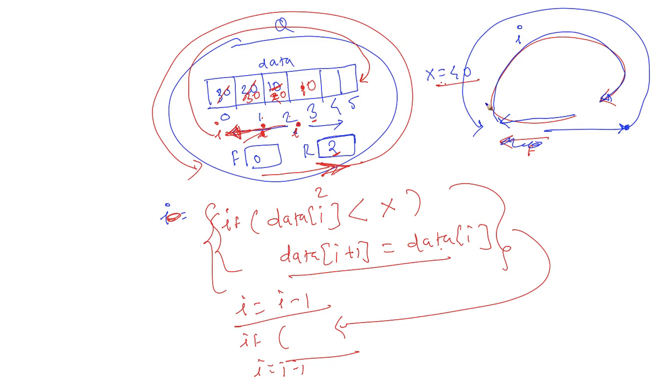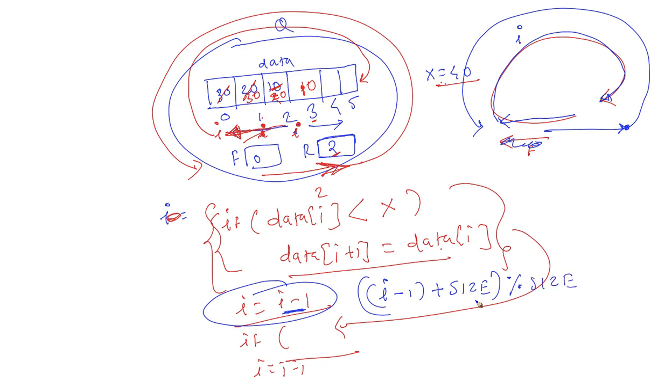So doubly ended Q. So I is incremented. If I write the formula for decrementing I, it is I minus 1, in fact, because we are decrementing, plus size, mod size. This mod size is useful especially when you come to the last location.